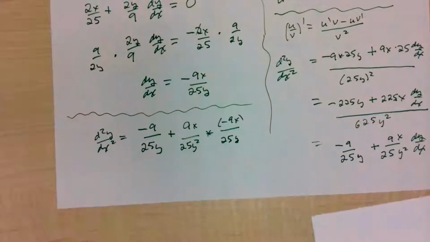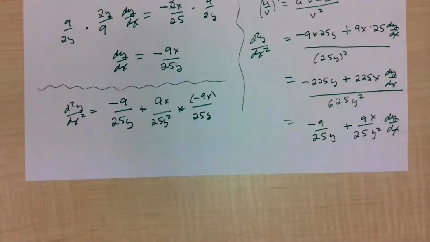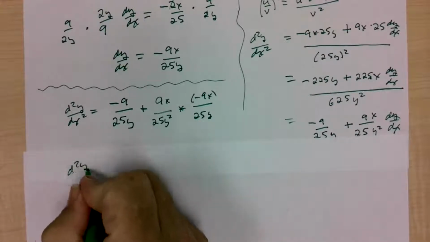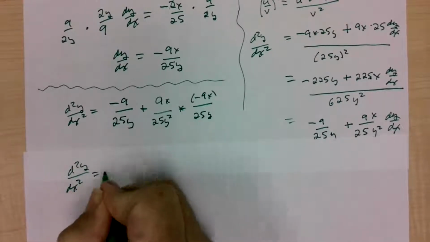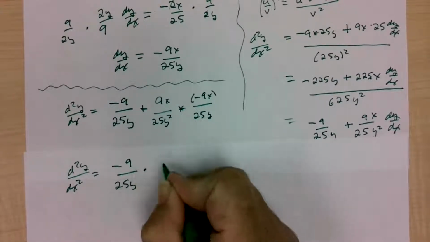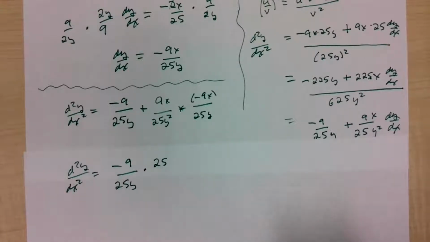So that the second derivative becomes, if we get our common denominator, let's multiply top and bottom by 25y. Negative 9 over 25y times upstairs, downstairs, by what?